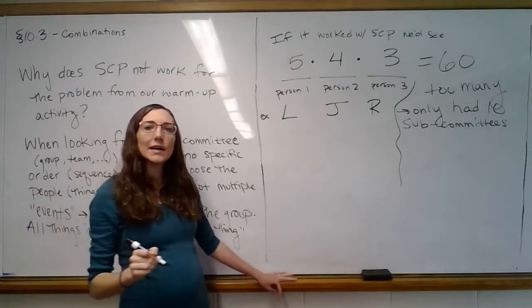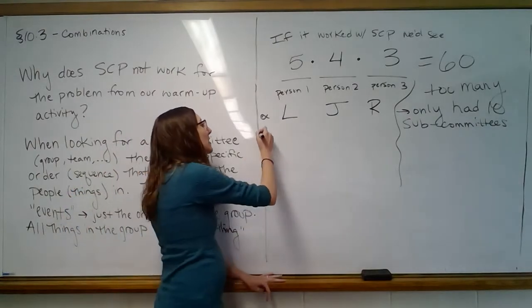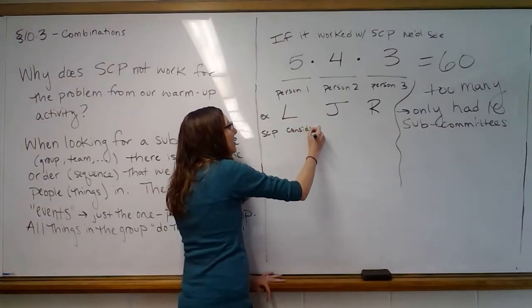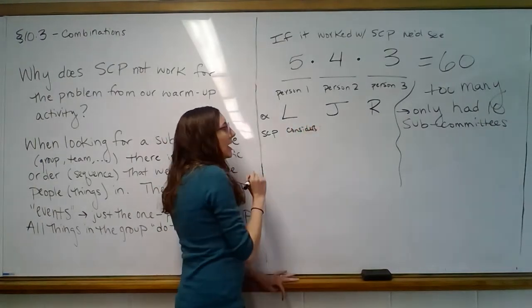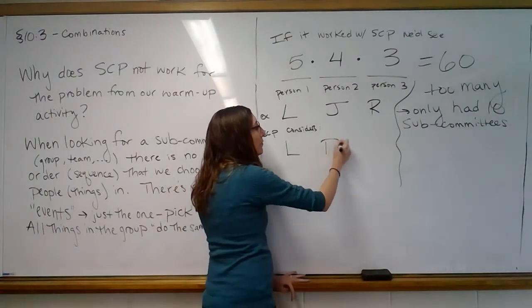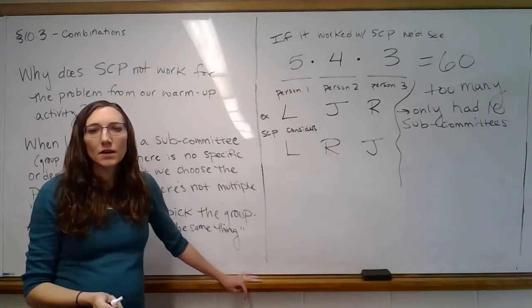But the sequential counting principle also considers something like: we still picked Leslie first, but then we picked Ron, and then we picked Jerry.